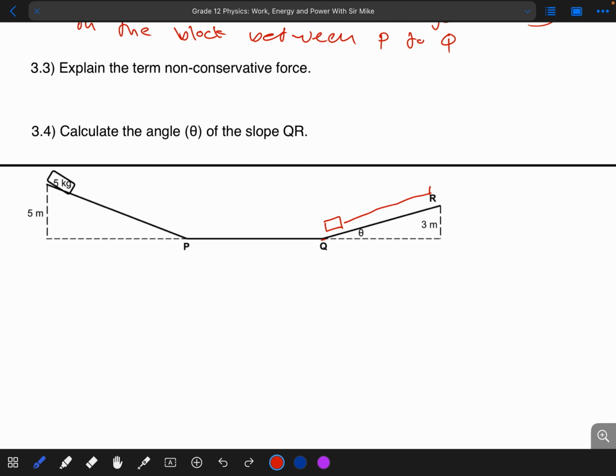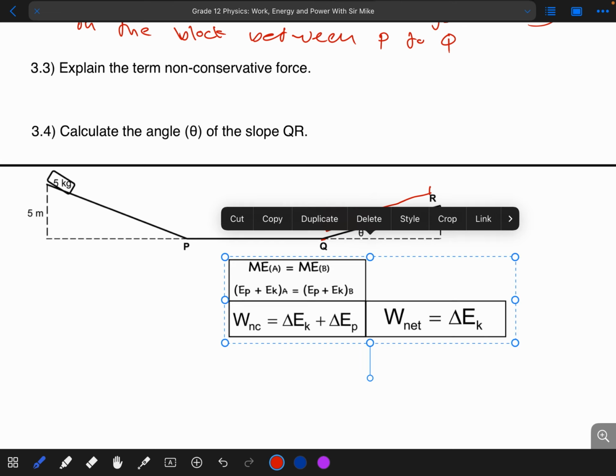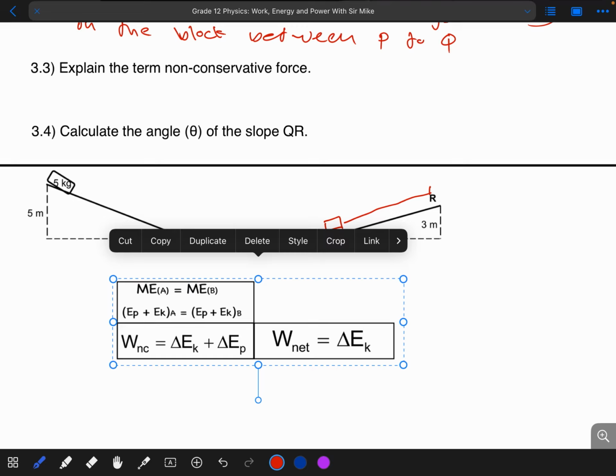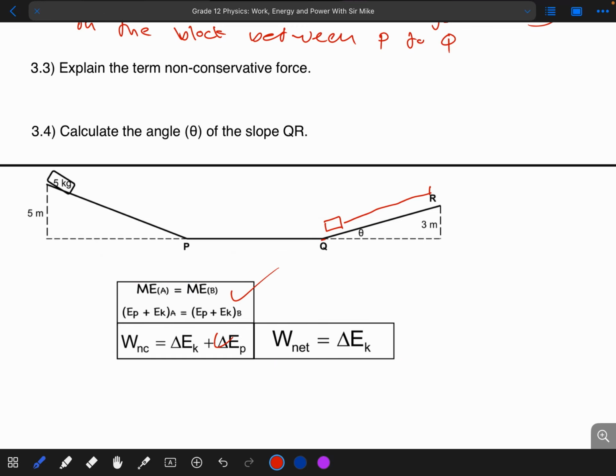The only non-conservative force that would be acting on that object would be the frictional force. So what we can do is, remember that we have three energy principles, which is of course this one, that one, and that one there.